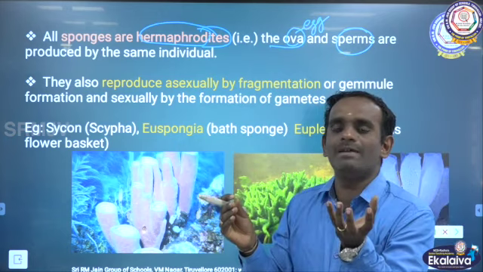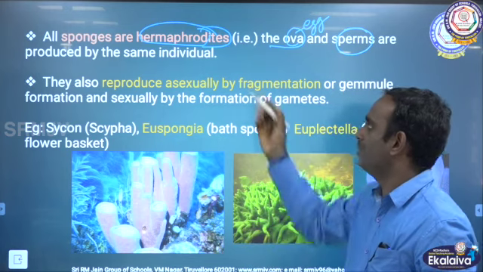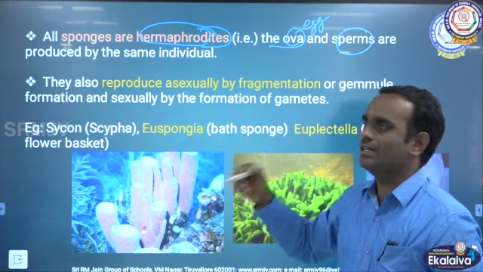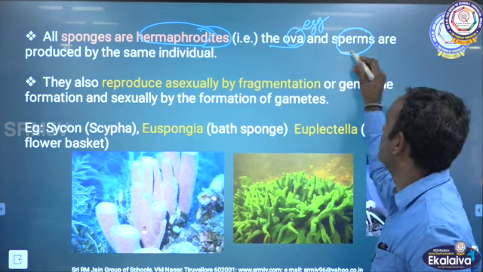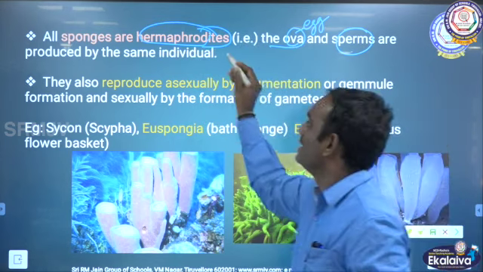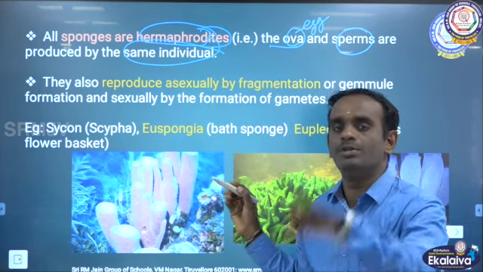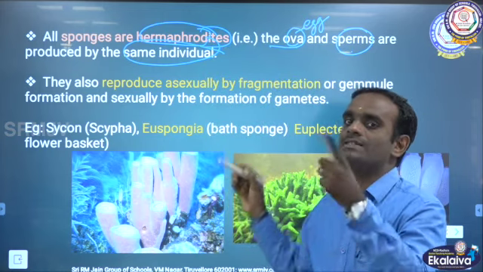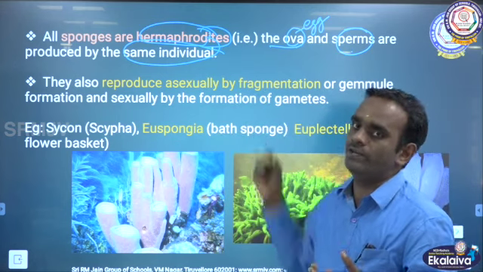So, the female gamete as well as the male gamete are present in a single organism. So, it is said to be hermaphrodite. Sponges are mostly hermaphrodites, that is, the ova and sperm are produced by the same individual. One individual can produce ova as well as sperm. That particular individual is said to be hermaphrodite.